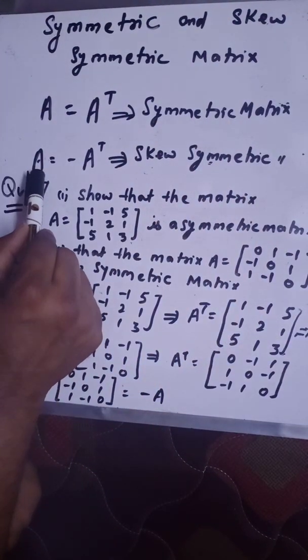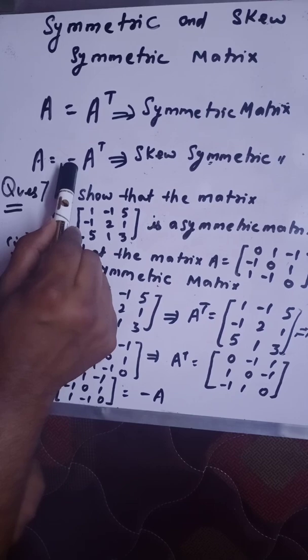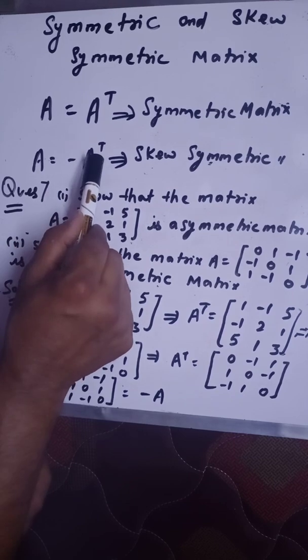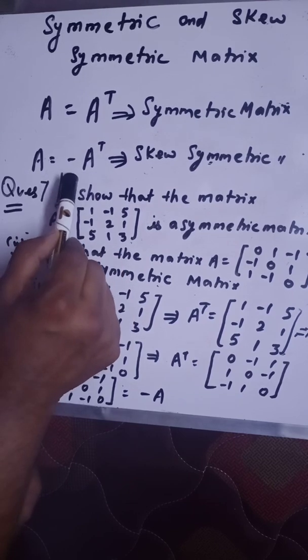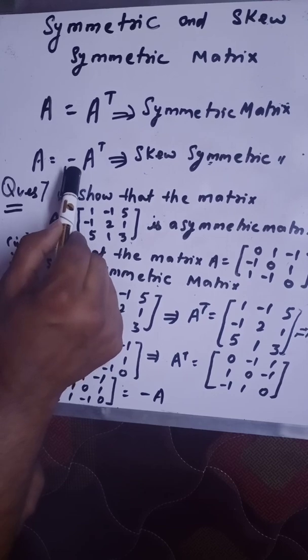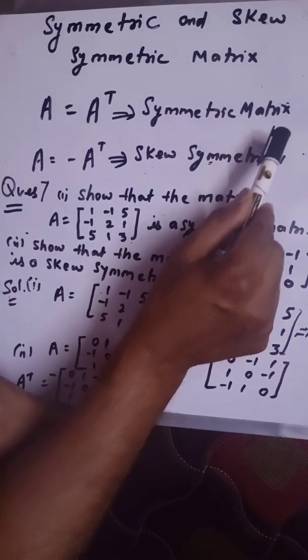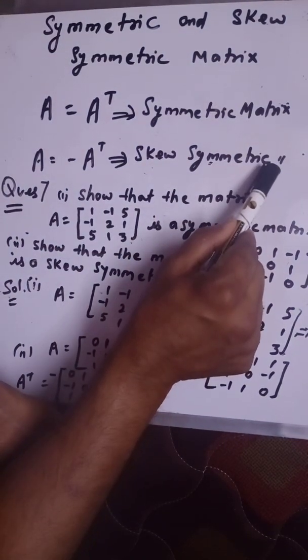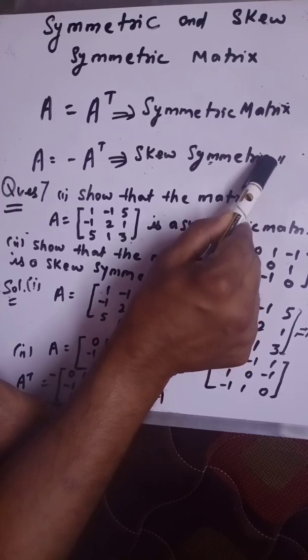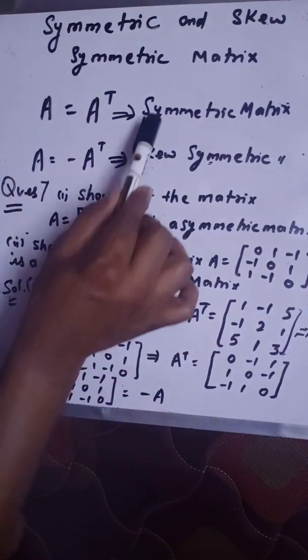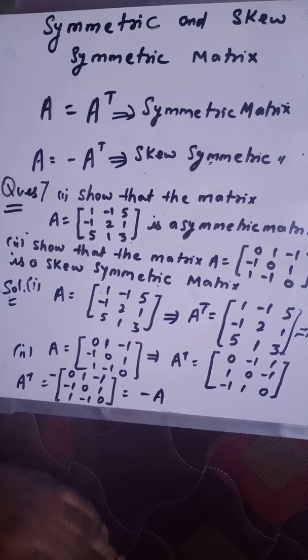If any matrix A is equal to minus A transpose, and this condition comes, then it is known as skew symmetric matrix. Fine. So these are the two conditions for symmetric and skew symmetric matrix.